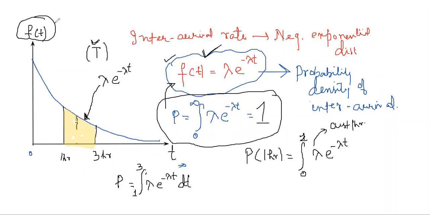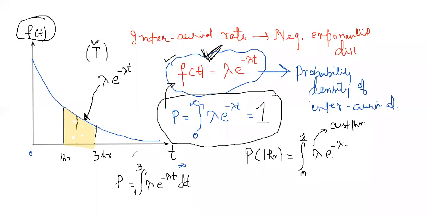So can anyone tell me, if I have to find the probability that the inter-arrival time will be greater than 3 hours, then what should be my limits? The integral we have to always take of this function. हमें इसी function का integration हमेशा करना है. But can anyone say what will be the limits if I have to see the probability of the inter-arrival time being greater than 3 hours?